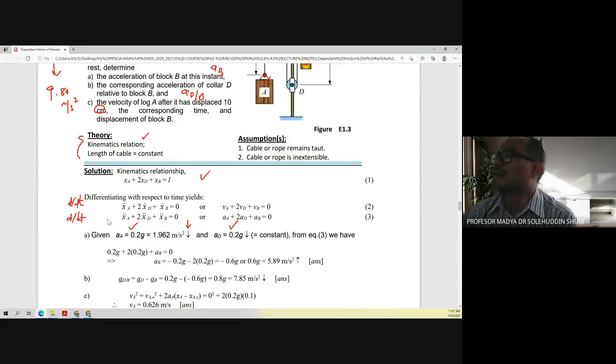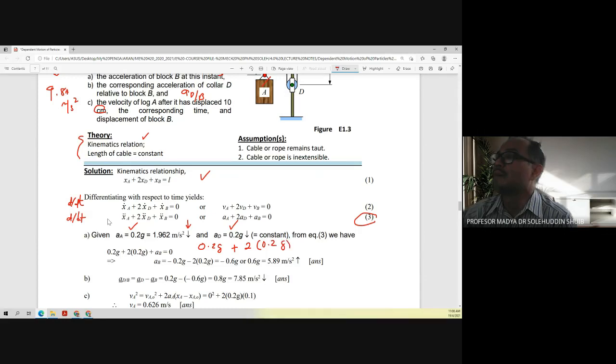By using equation 3, you can substitute 0.2 g from here, plus 2 times 0.2 g as well, plus the acceleration of B. So you can solve for the acceleration of B from equation 3.